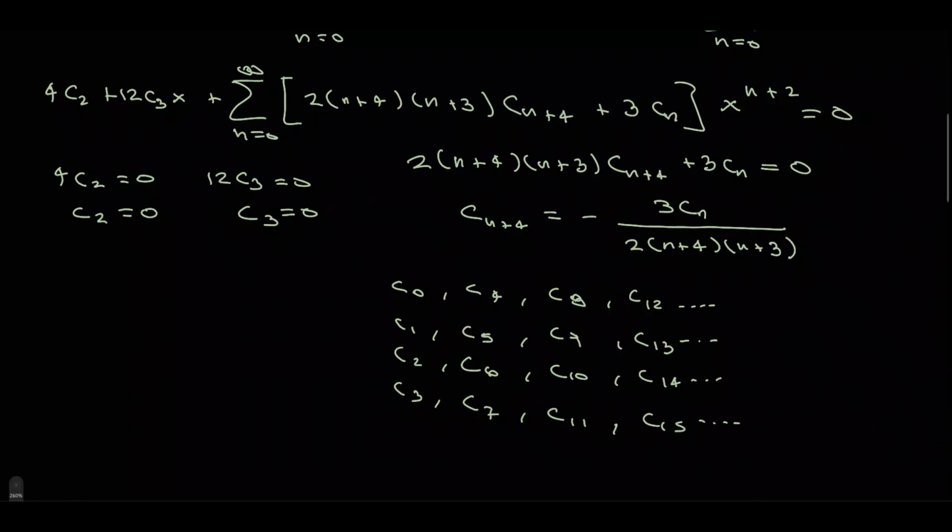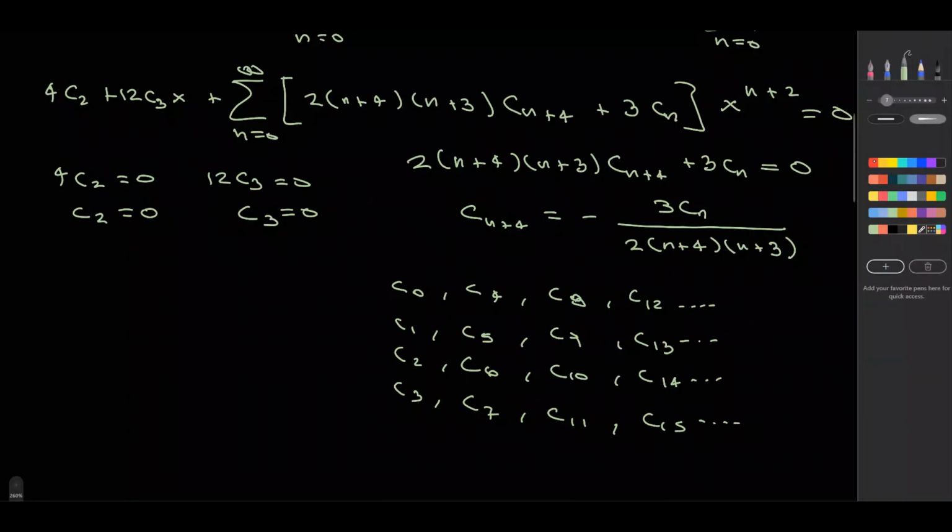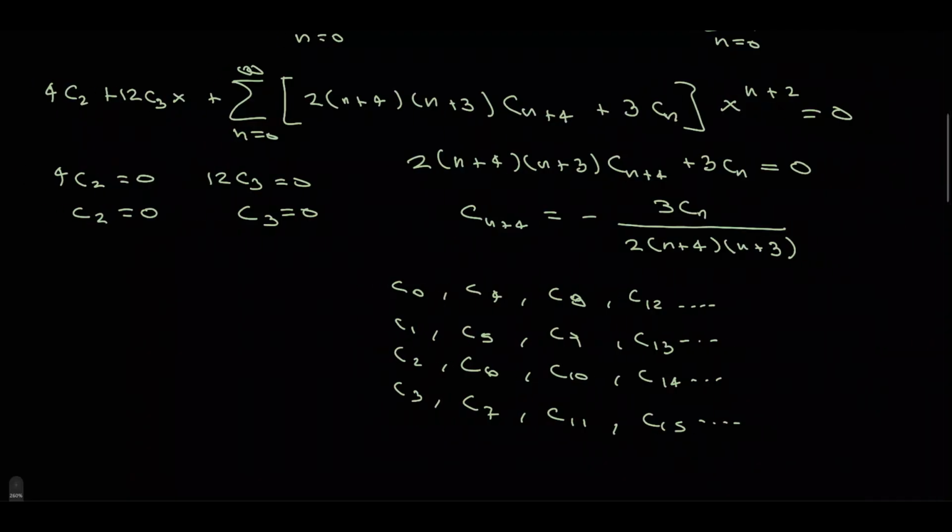However, some of these chains are going to be all zeros because c sub 2 equals 0, which means all the coefficients in this chain are equal to 0. Because c sub 3 equals 0, all the coefficients on this chain are also equal to 0.